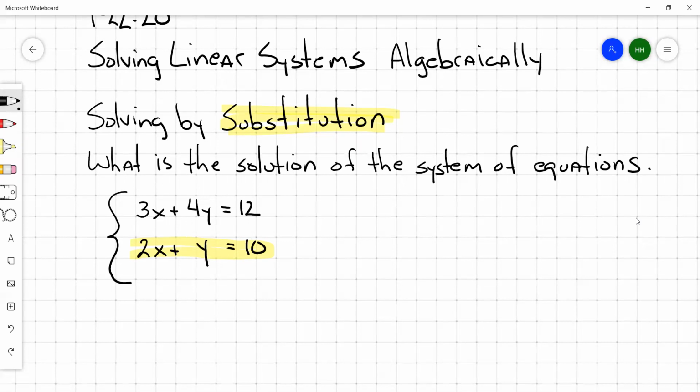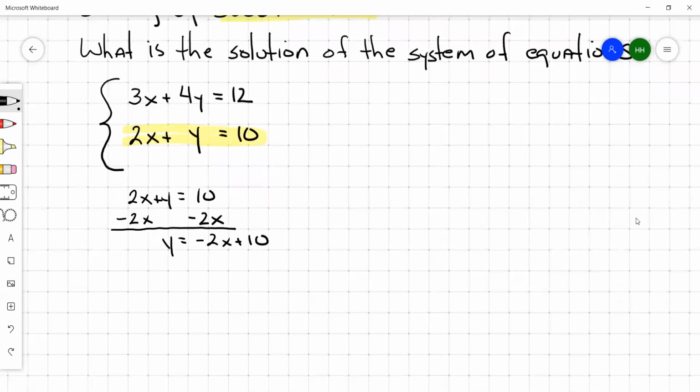If we were to rewrite this equation as 2x plus y equals 10, and then subtract 2x from each side, y would be equal to negative 2x plus 10. And immediately we have solved for one of the variables. The y value in this system is equal to negative 2x plus 10.